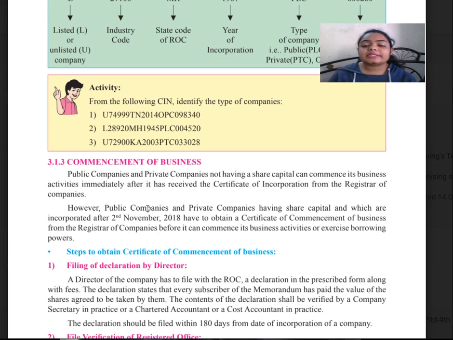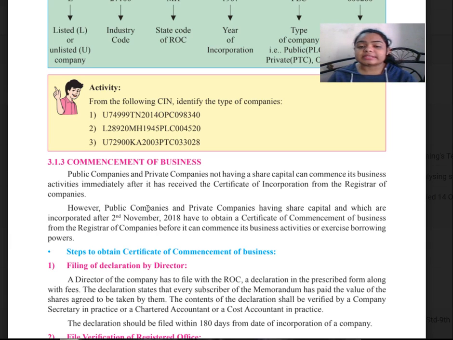However, public companies and private companies having share capital and which are incorporated after 2nd November 2018 have to obtain a certificate of commencement of business from the Registrar of Companies before they can commence their business activities or exercise borrowing powers.